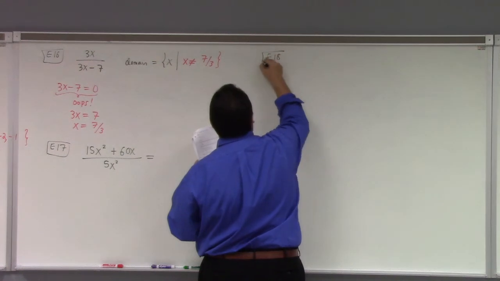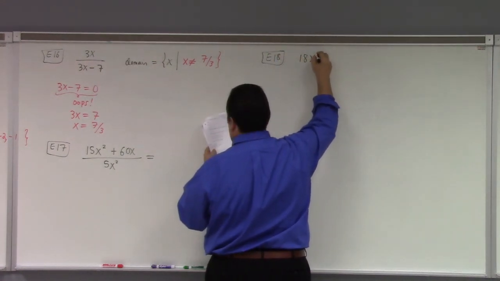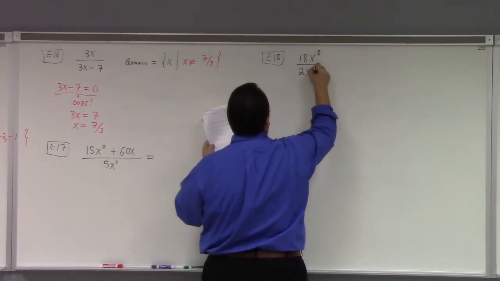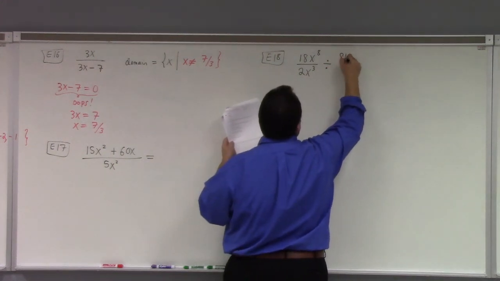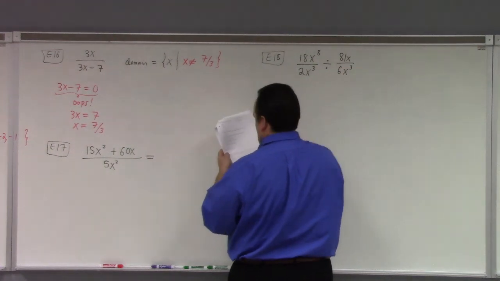Example 18 is going to be 18x to the 8th over 2x cubed divided by 81x over 6x cubed.